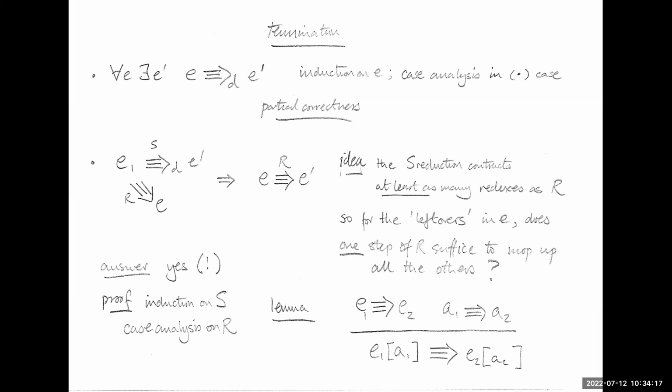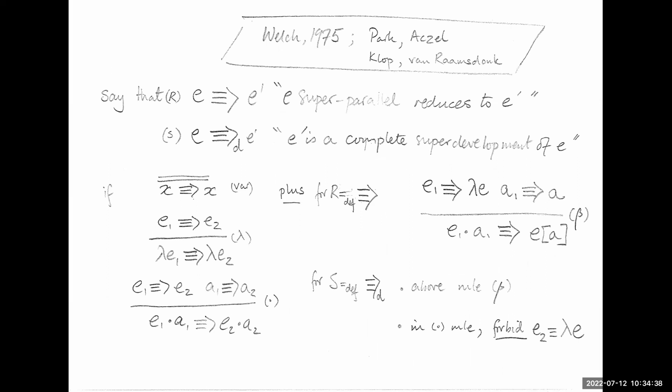So we do induction on S and case analysis on the possible rules of R. But we need a lemma. Sorry, are the arrows there for R and S the transitive versions, or are they just one step? That's R, that's S. Yeah, it's one step.